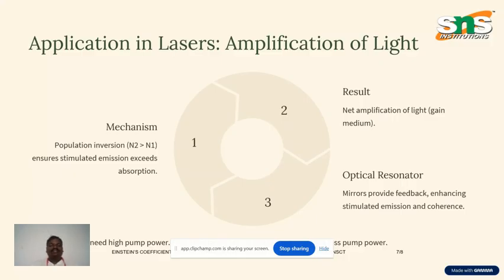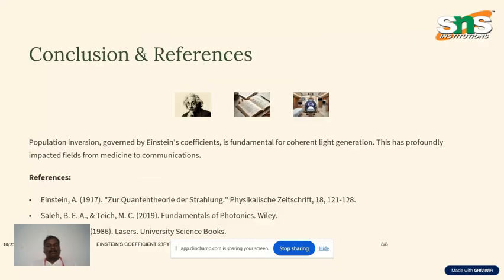The three-level laser needs a high pump power system. In conclusion, population inversion governed by Einstein coefficients is fundamental for coherent light generation.